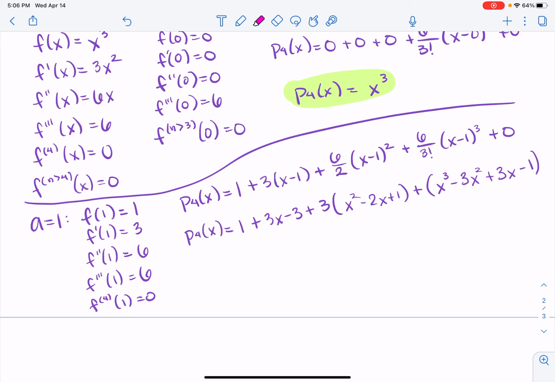Okay. So here's a 1 and a minus 1. Those cancel. Now do we have a 3x? Here we have a 3x and a 3x. Those are both positive. But here we have a minus 2x times 3 on the outside. So those are going to cancel.